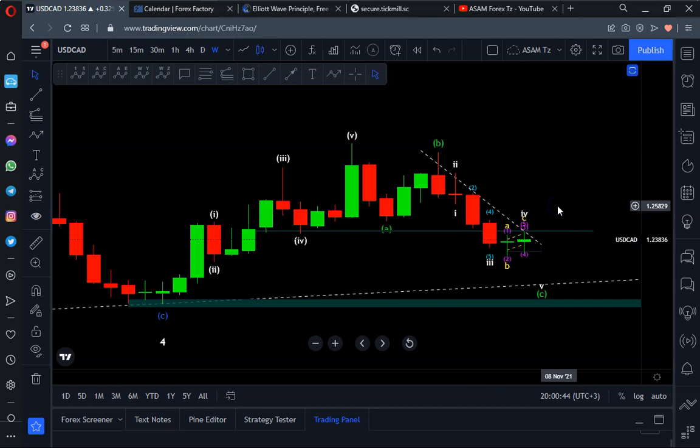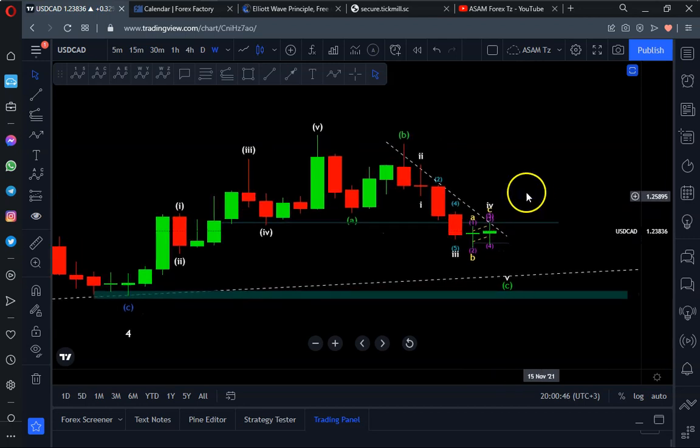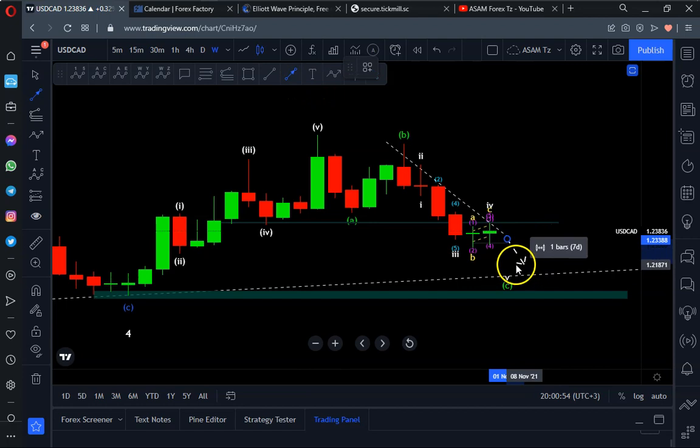What we are supposed to have in mind is that this was the fourth wave, and after its completion, we expect the price will fall to complete the fifth wave to the downside, in the completion of wave C. This is always possible, but let's go to lower time frames to see exactly what is expected to happen.